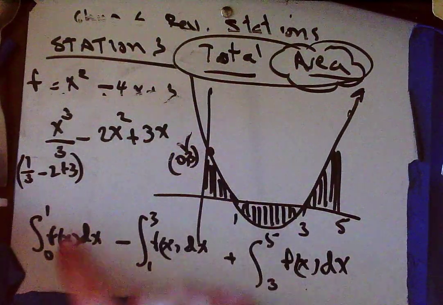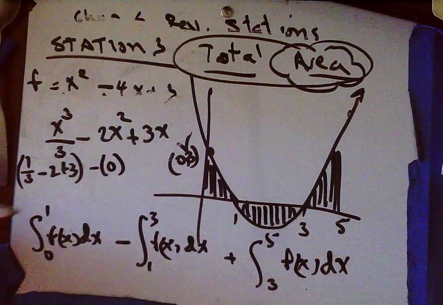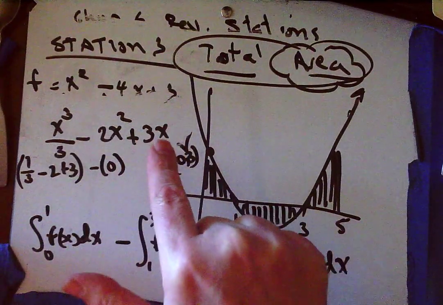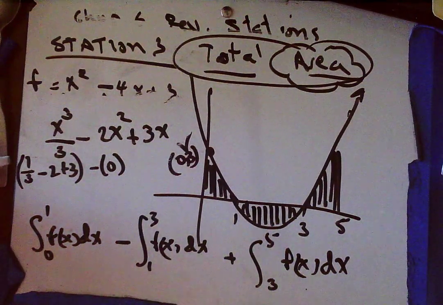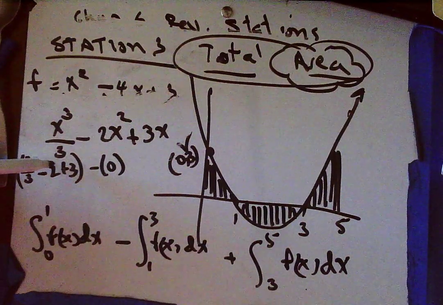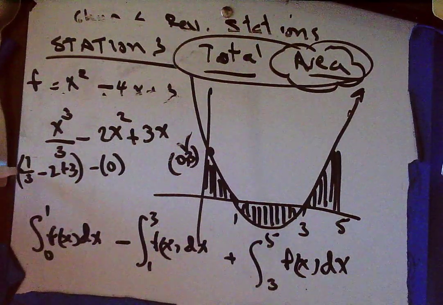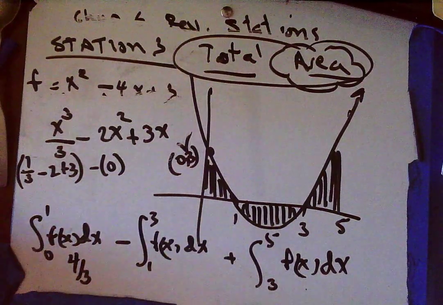And yes, if I plug in a 0, I get 0, 0, 0. At the very least, please make sure you check to make sure when evaluating at 0, you in fact get 0. So this is 1 plus 1/3, which is 4/3.